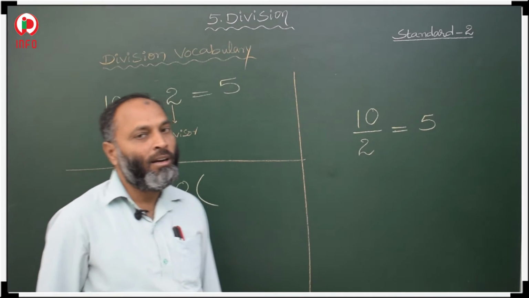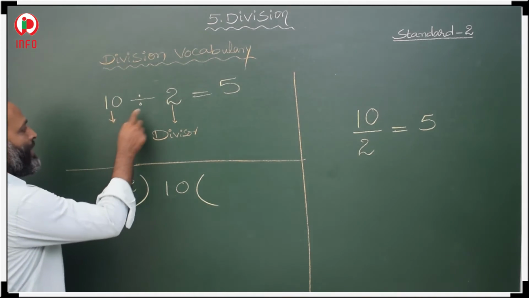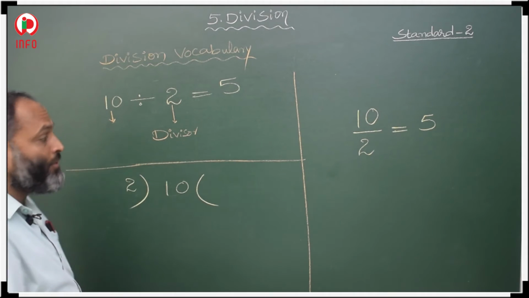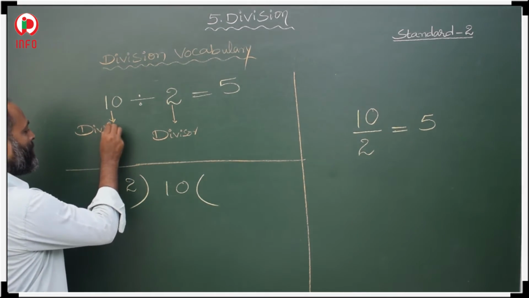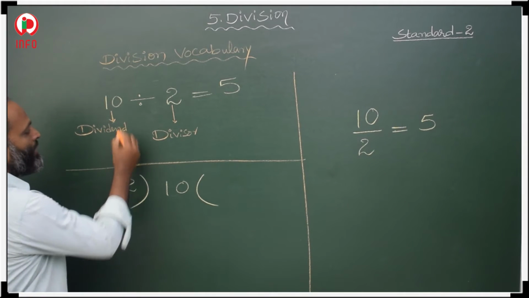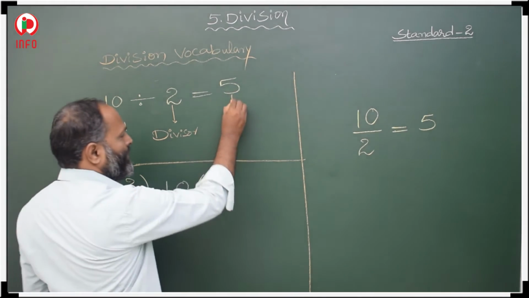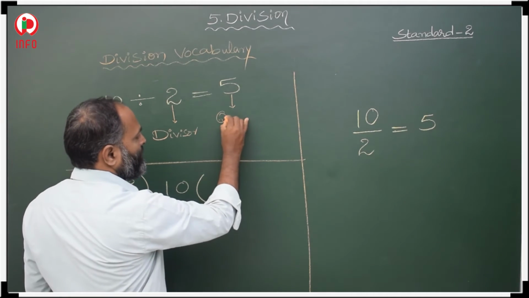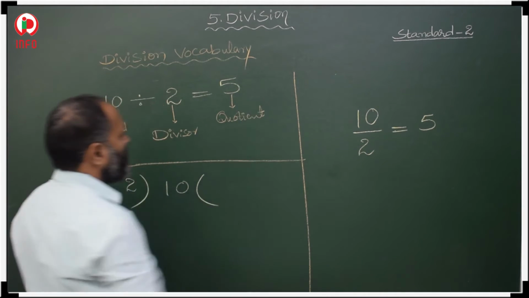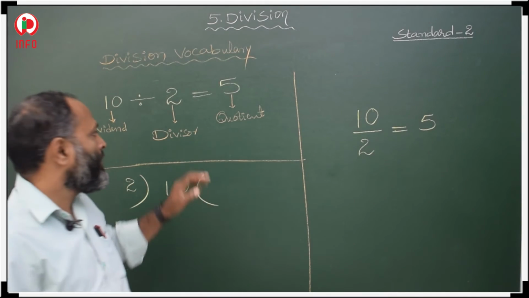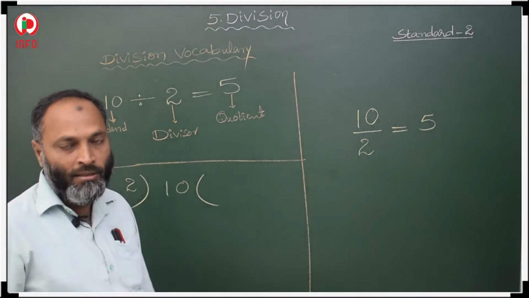Next, this number 10 is divided by 2, so it is called dividend. This is called dividend. The answer is called quotient. Now, once again see here, the number which is going to divide is called divisor.